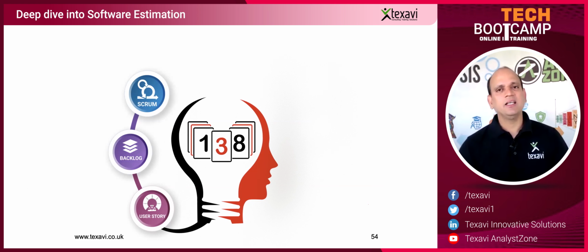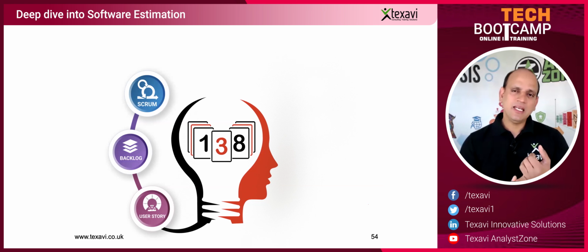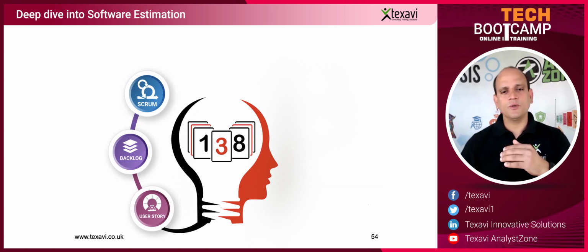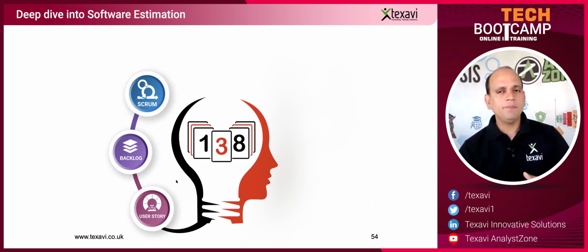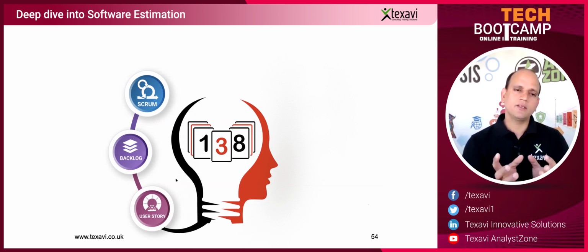So the BAs would work with the customers, with the customer representatives, with the product owners and the business team to be able to come up with some kind of a rough backlog in terms of the stories. And then based on that set of stories, the development team would create their own backlog. So you can create your own subtasks and tasks within the story.